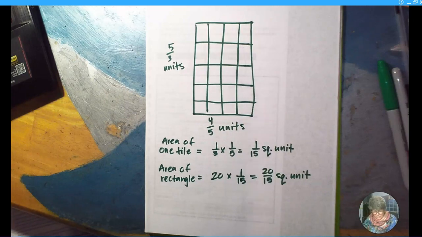Just like in the last student's work, we would need 3 rows with 5 tiles to tile a unit square, because 3 times 5 is 15, and each tile would be 1/15th. Multiplying the denominators might always tell us the number of tiles and the area of each tile.